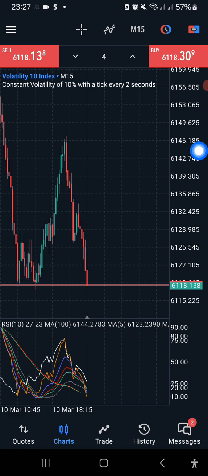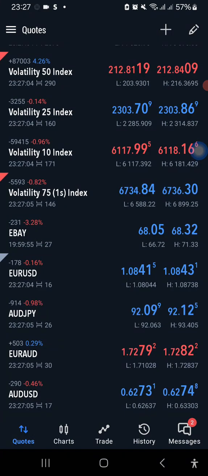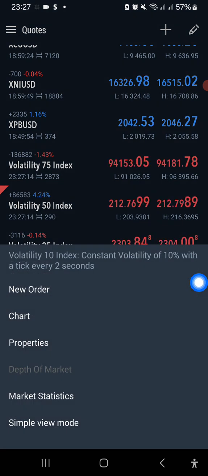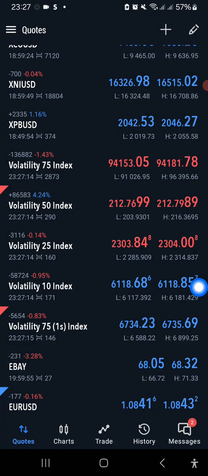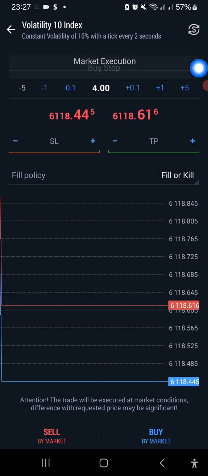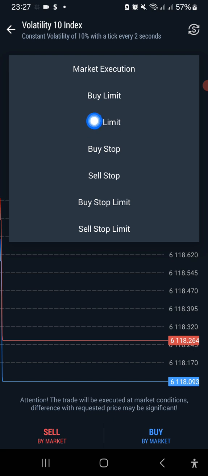So let's go to quote, then try placing a trade for VIX. It was VIX 10, volatility 10. So this is it, new order. We are going to sell, but we are not going to sell at the market price. We are going to use a sell limit.